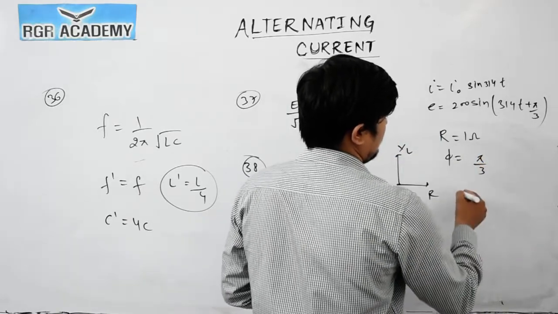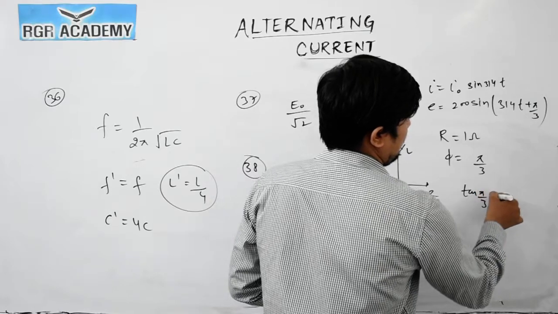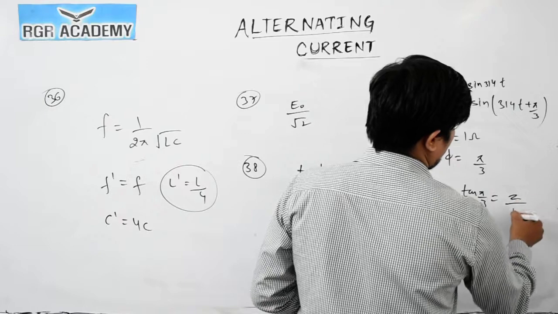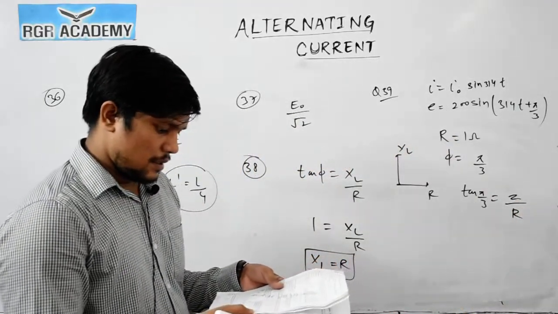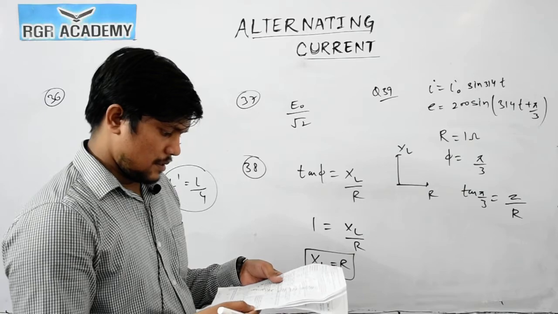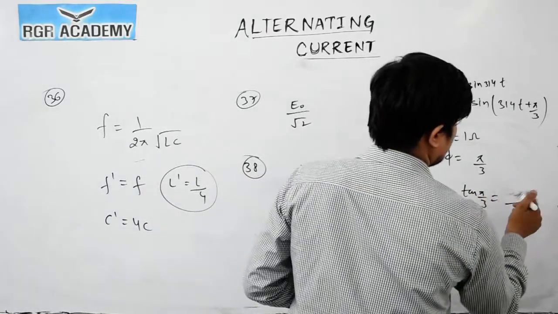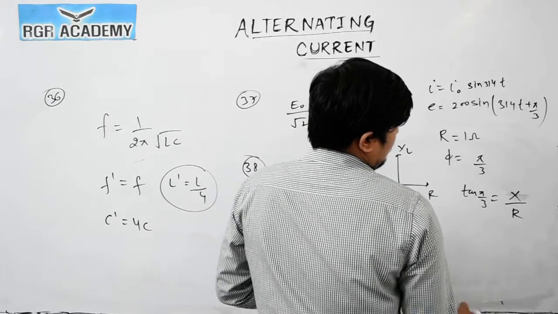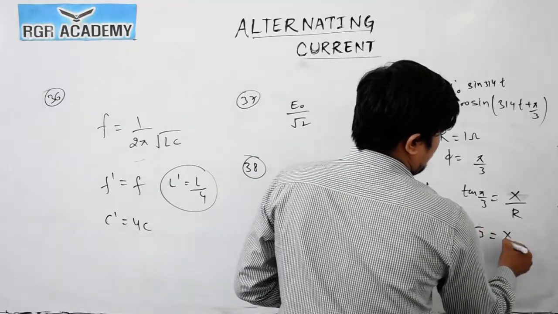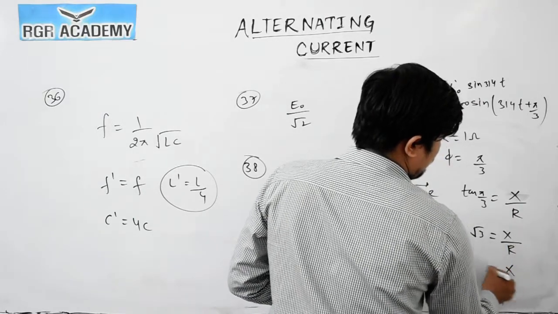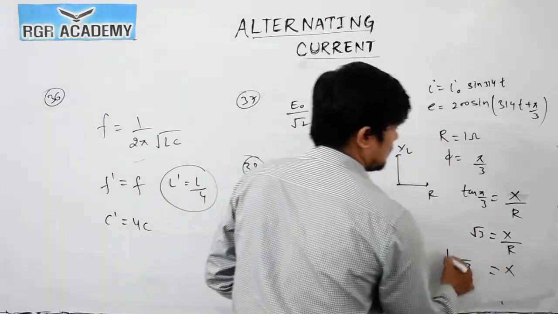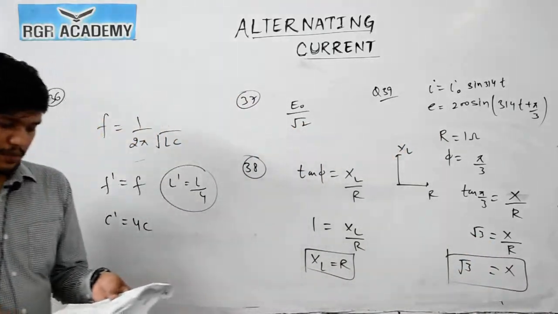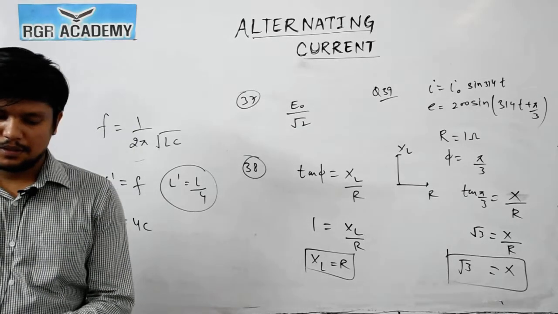So we can say that tan pi by 3 equals reactance by R. Considering the reactance as X, tan pi by 3 is tan 60, which means root 3 equals X by R. So X equals root 3 into resistance, which is 1. So the answer is root 3. Now this was question number 39. Now question number 40.